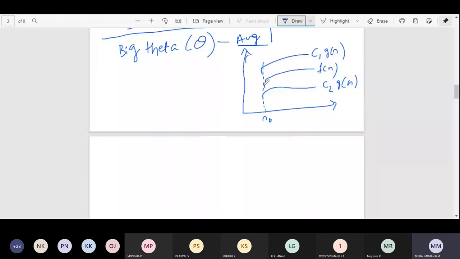Clear the graph? Same, we are having some positive constant values, C and n naught. So before this n naught we will not consider. Here you just see this f of n is in between C1 into g of n and C2 into g of n, that is, in between worst case and the best case. Clear? Now how to define this one?